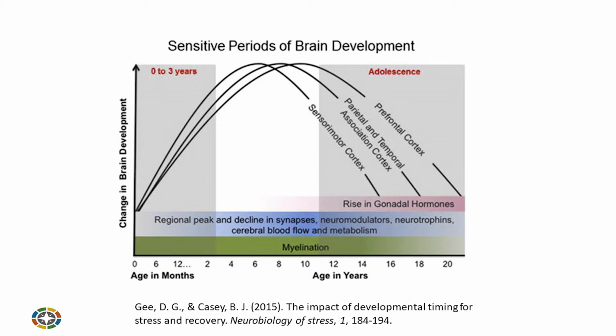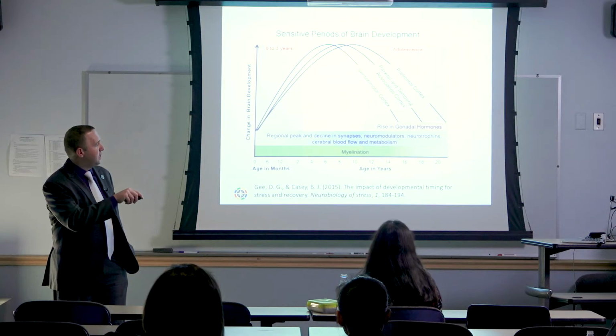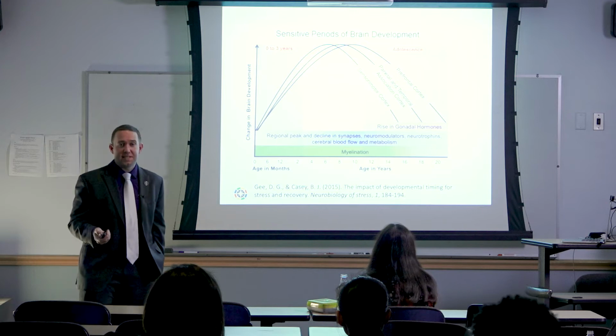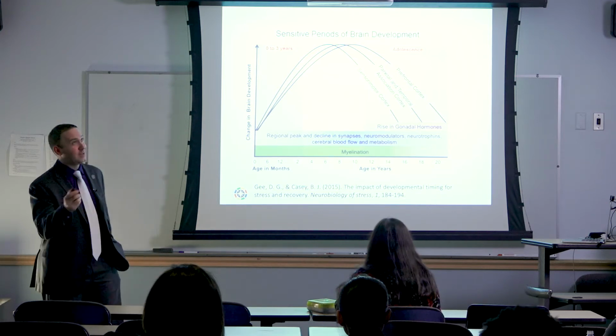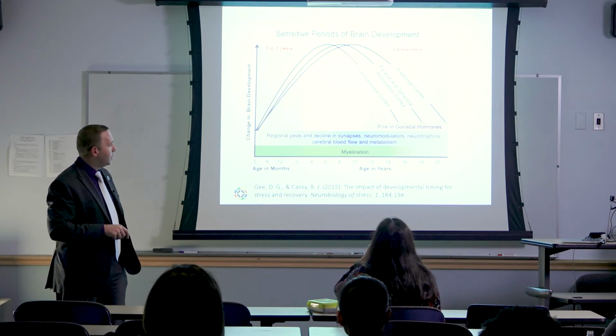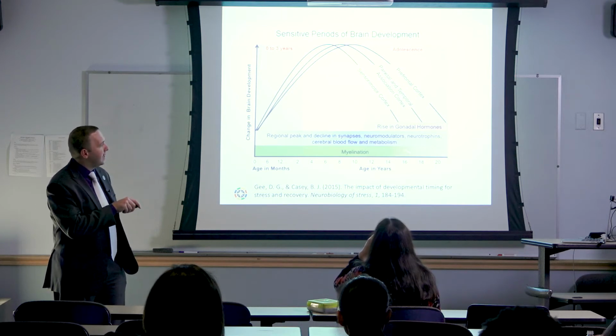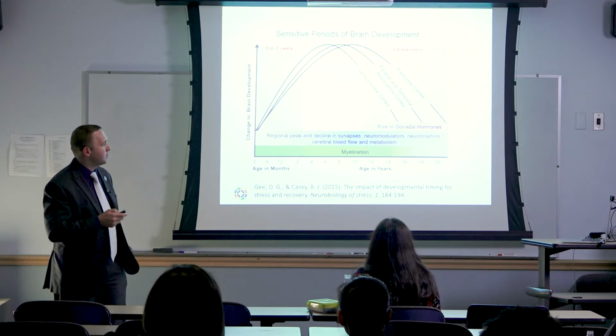We see, ages 1 through 3, brain development skyrockets, peaks really in between the ages of 2 and 12, and then we see ongoing brain development, but at a less rapid clip, kind of up through 25. And that's also between the ages of 12 and 25 is when we see the rise in sex hormones, right? Testosterone, estrogen, progesterone, luteinizing hormone, follicle stimulating hormone, all of the gonadal hormones. And we see regional peaks and declines in synapses, neuromodulators, neurotrophins, and cerebral blood flow.